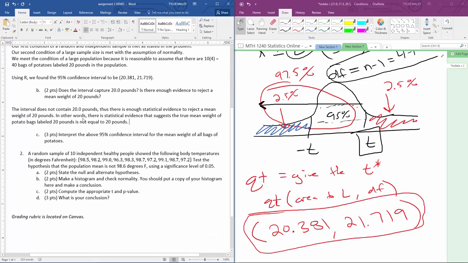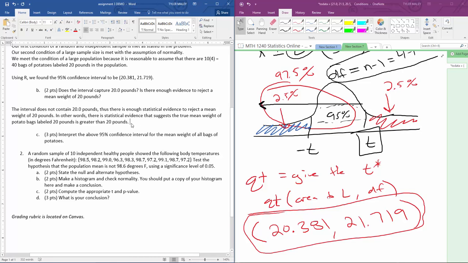Or, instead of is not equal to, we could actually say is greater than 20 pounds. Because we're 95% confident that my true population mean is within this interval, and everything in this 95% confidence interval is going to be above 20 pounds.